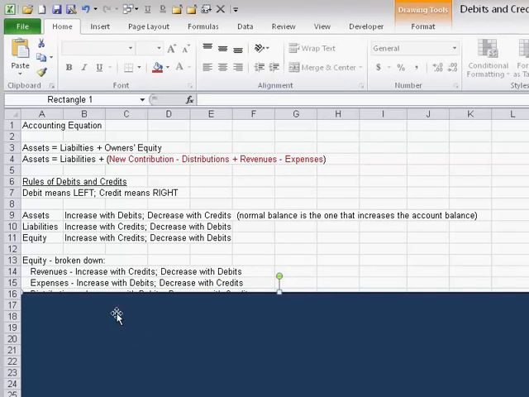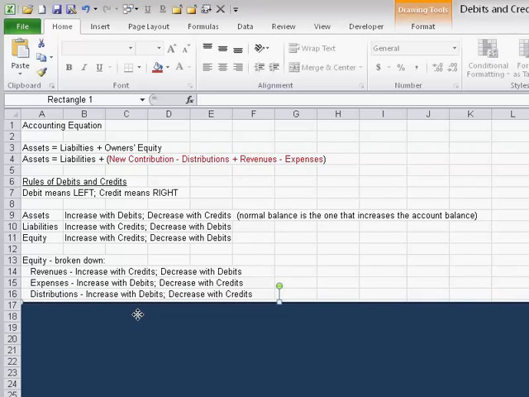Expenses will increase with debits, but they'll decrease with a credit. Okay? The third one is the distributions. Now, in a sole proprietorship or a partnership, we might call the distribution a withdrawal.